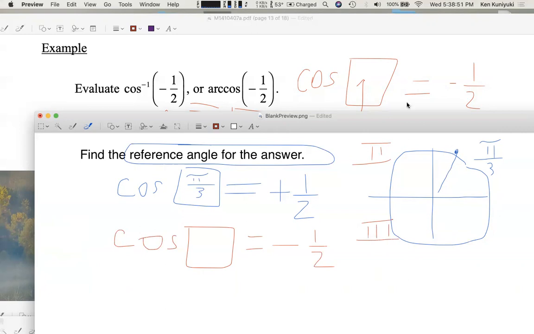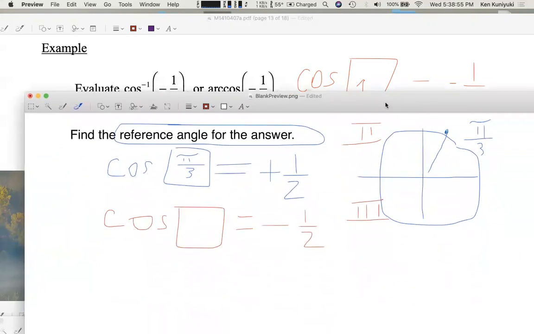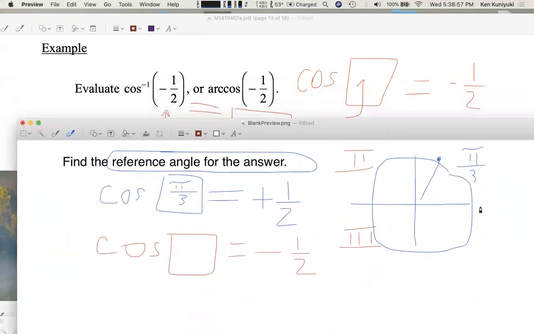Now it's a question of range, because the answer has to be in the range of inverse cosine. The range for inverse cosine, remember, goes from 0 radians up through pi radians. So which quadrant does the answer have to be in? The answer has to be in quadrant 2.